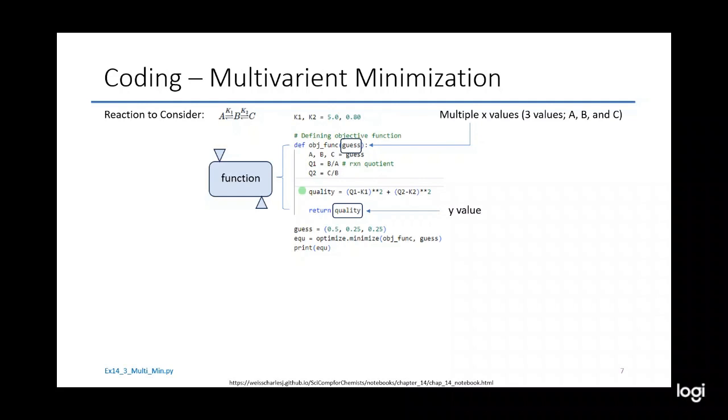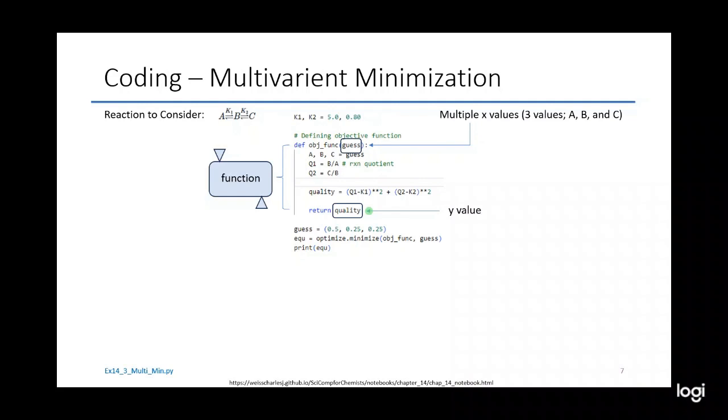In other words, the quality of the solution is the sum of the squared differences between the reaction quotients and the equilibrium values. In summary, the user-defined function obj_func takes multi-variable input, guess, and returns the quality value as an output. At this point, the function has been defined, but we haven't used it yet.